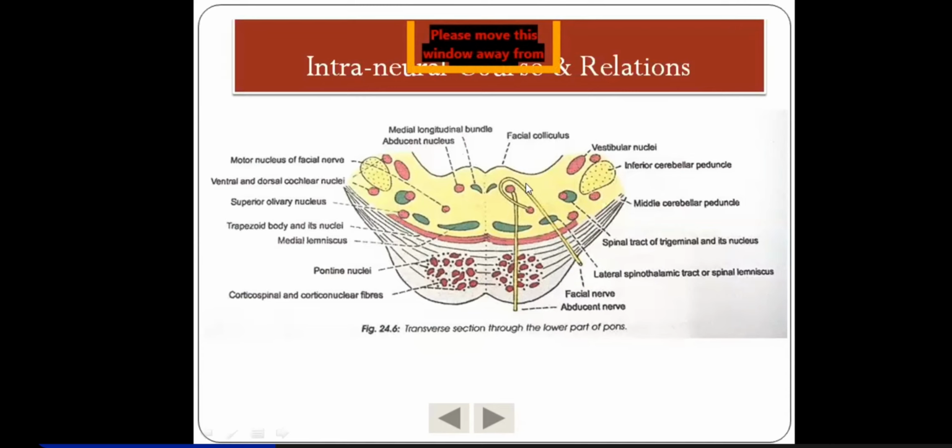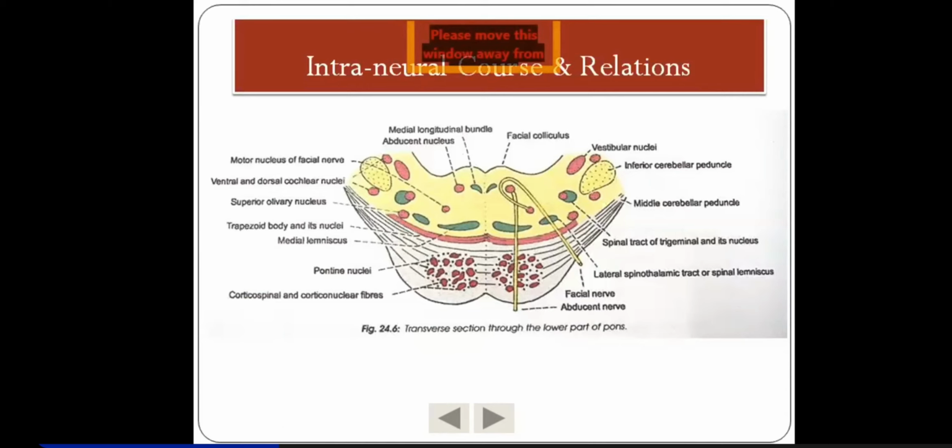And there will be another nerve arising here, the nervus intermedius, at the pontomedullary junction just lateral to the facial nerve. When the nerves arise from the ventral portion of the brain stem, this nervus intermedius is a separate nerve.